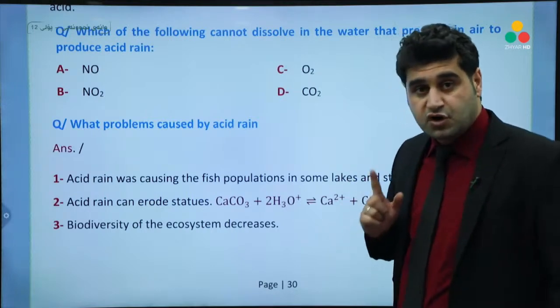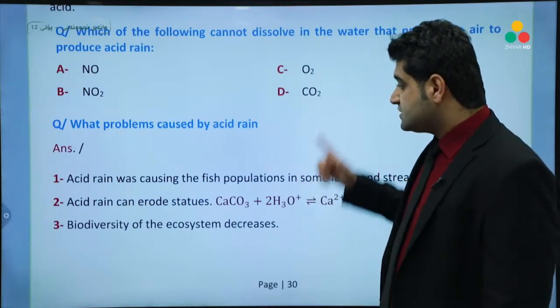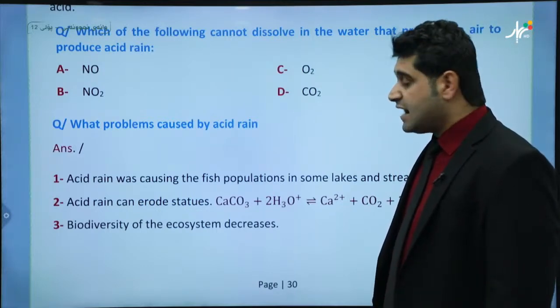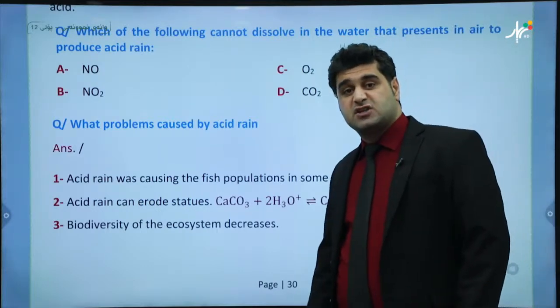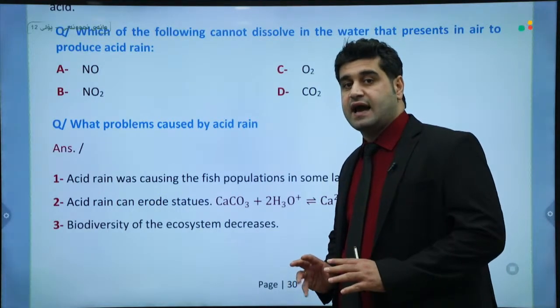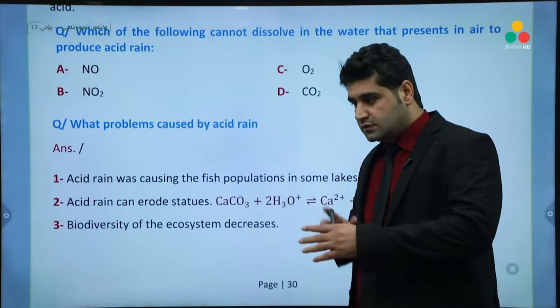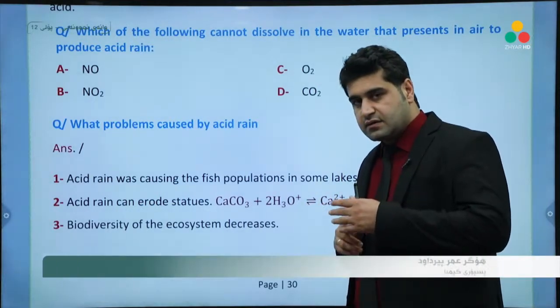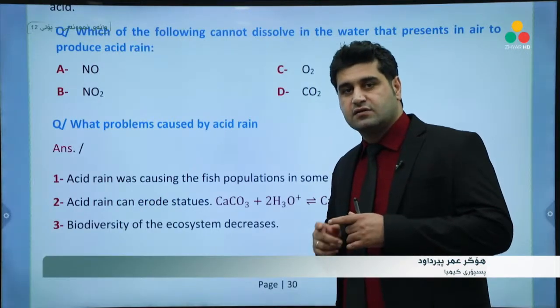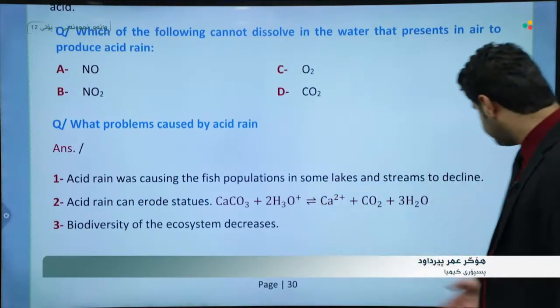The main problem is the corrosion problem, especially for iron. If the acid rain meets any iron, it will start to react with the iron slowly until the corrosion problem happens.